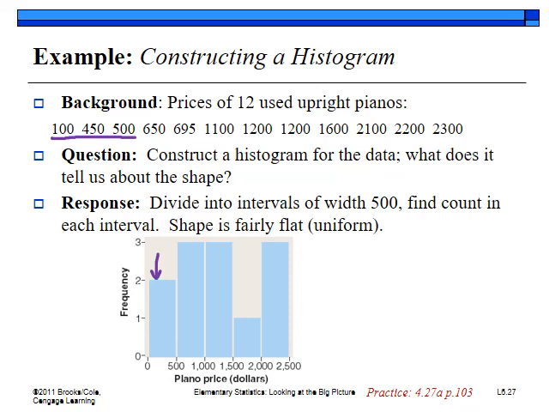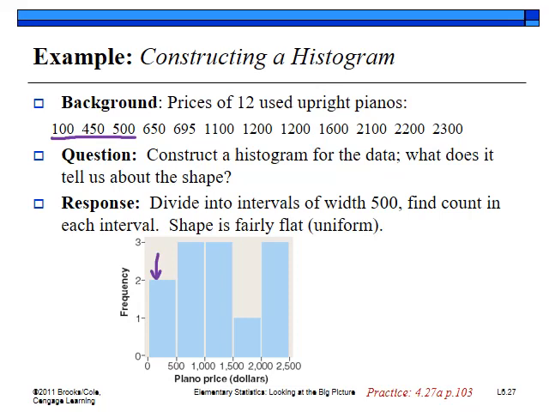I've made a decision here that the high number in each interval is not included, whereas the low endpoint of each interval is included. So when I say from 0 to 500, I mean I'm including the 0, not including the 500.